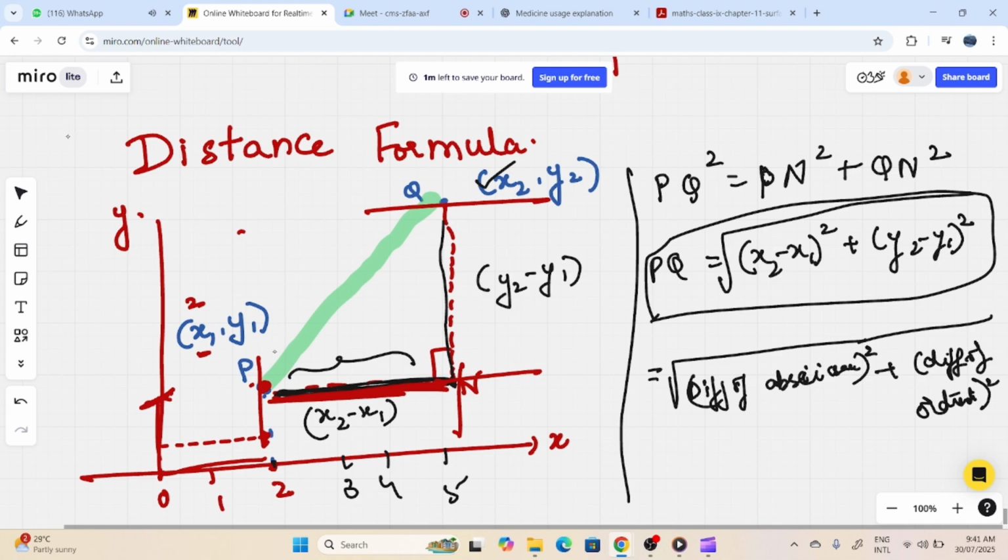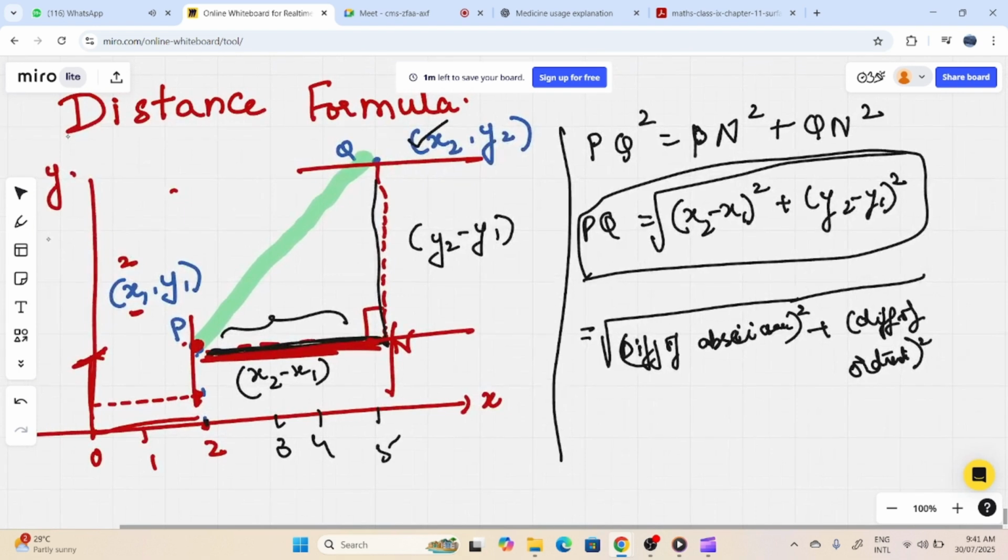Yes, we are finding the length of PQ. Distance is nothing but the length of PQ. You have to use this formula like this. You can't choose anything else. We will do one or two questions now, and we will get a pure idea.